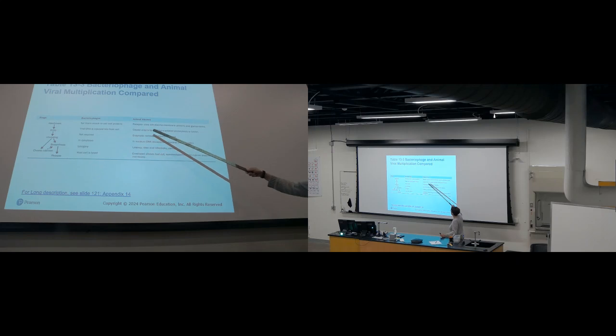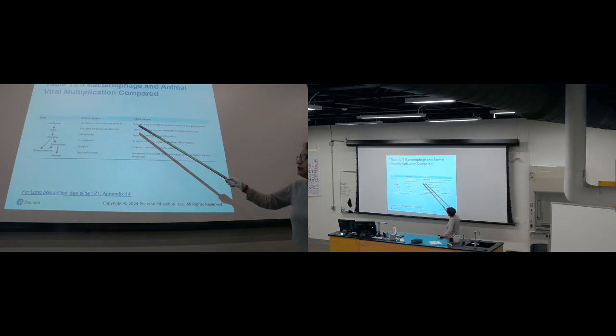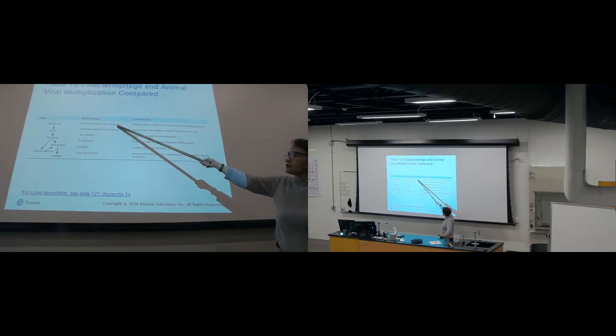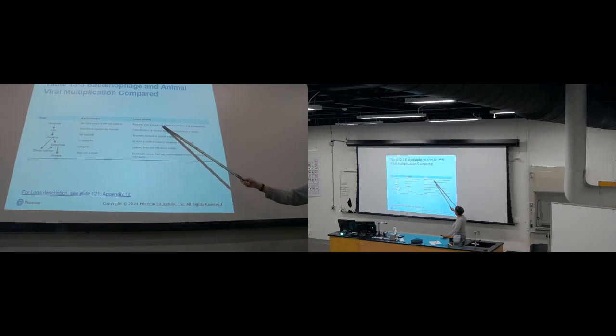So here are then the differences between the bacterial cell infection and then animal cell infection by viruses. So in attachment, bacteriophages use tail fibers to attach to the cell wall. In the case of animal viruses, they use receptors in the plasma membrane of the host cell, and these receptors can be made out of glycoproteins, for instance.